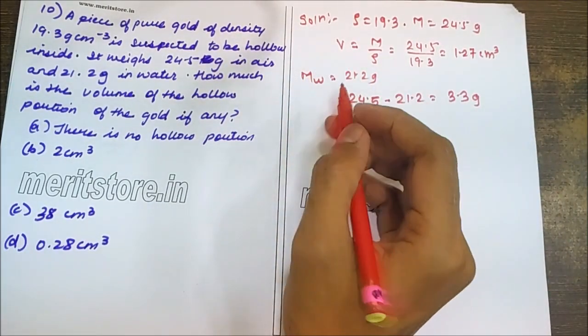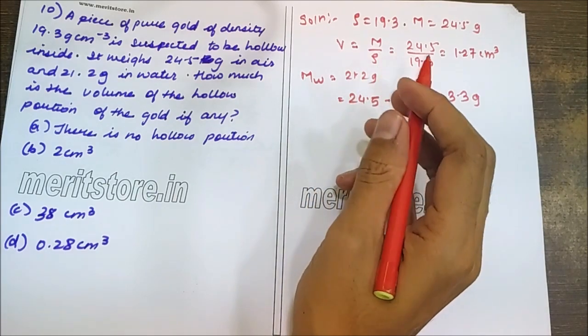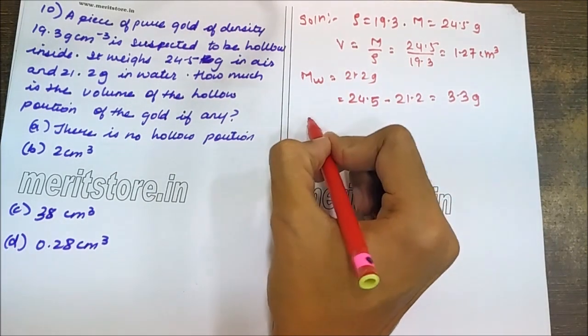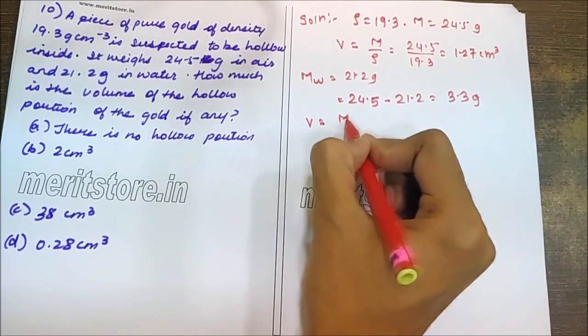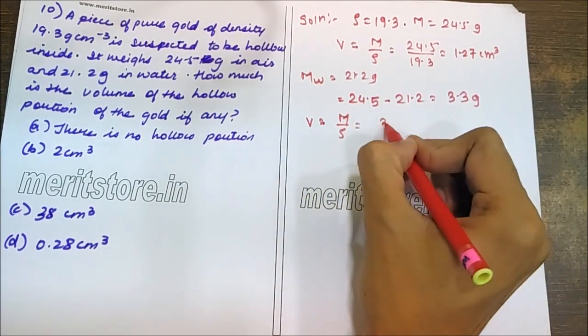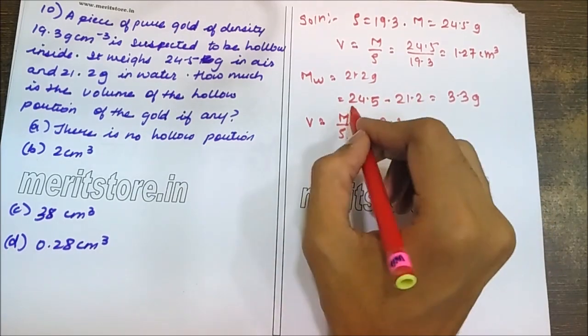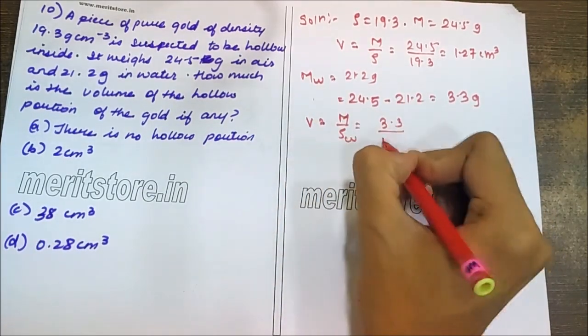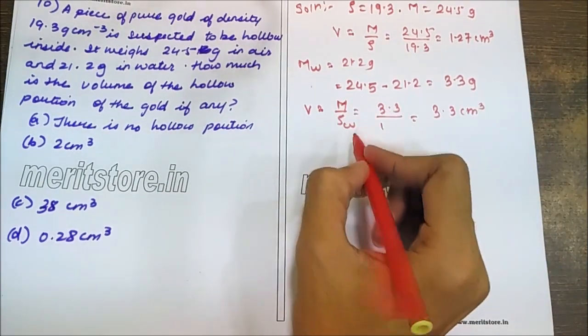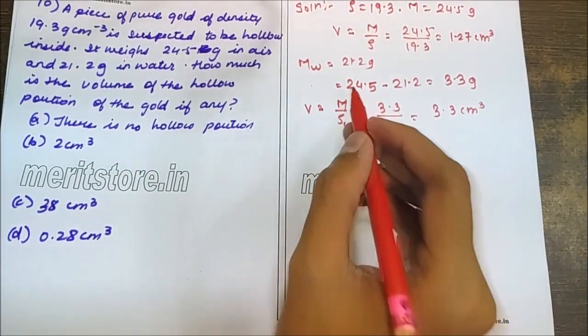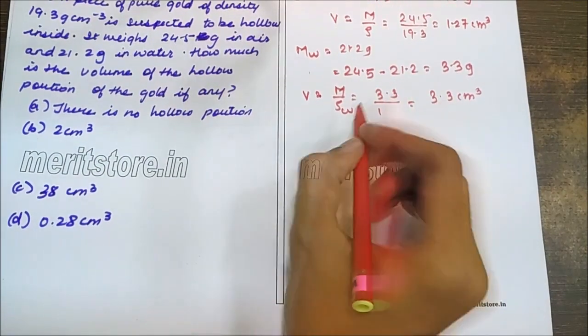The density of water is 1 gram per centimeter cube, so the volume of the displaced water is the mass upon the density, that is 3.3 upon 1, which is 3.3 centimeter cube.